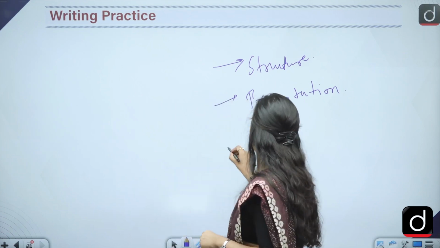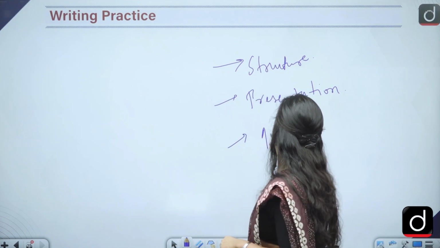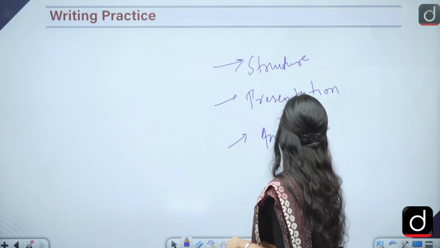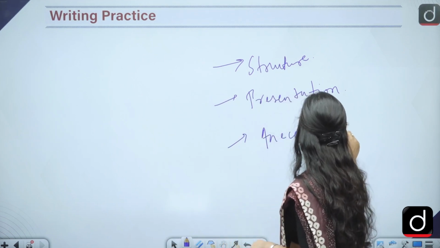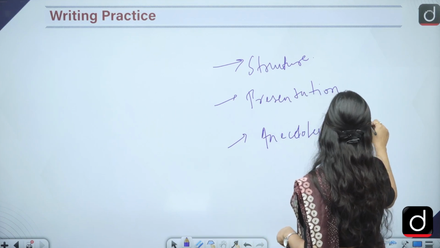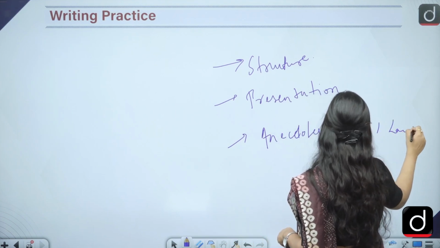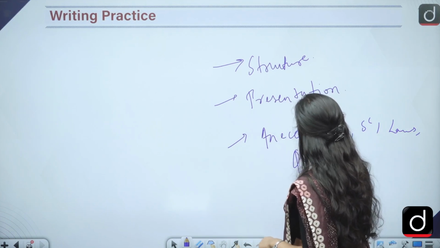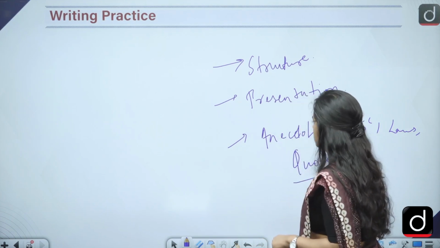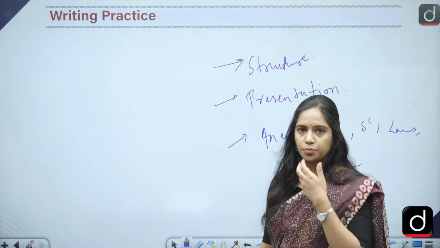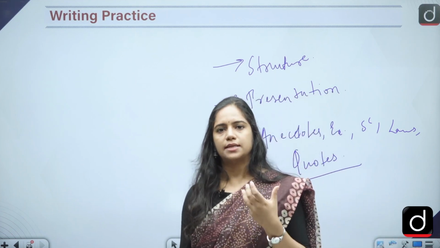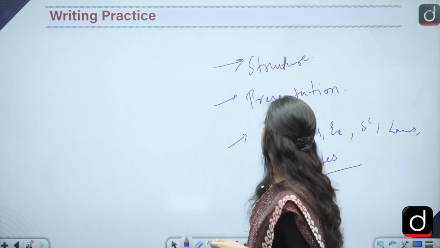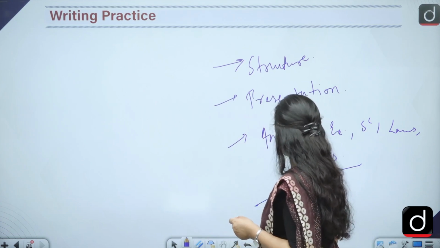So make use of enough anecdotes, examples, judgments, laws, quotes. These are the things which would make your answer look beautiful. These are accessories you need to have in your treasure.